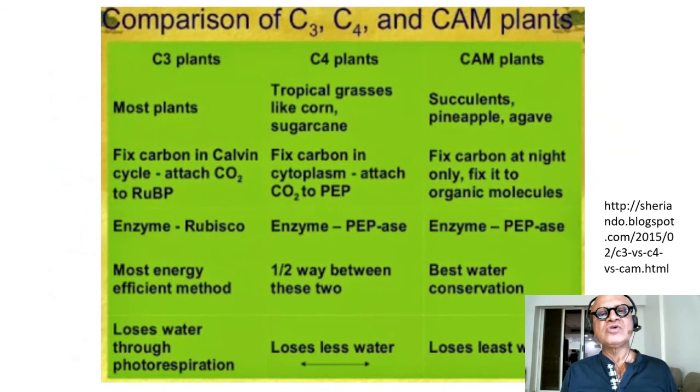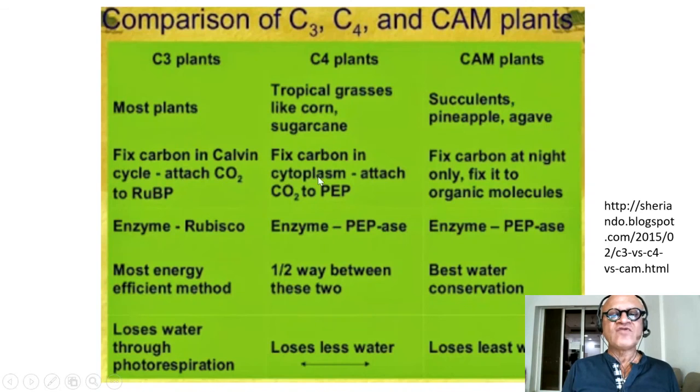The other thing we need to know is that there are different pathways of photosynthesis called C3 and C4, and CAM plants. They have certain differences, but C3 plants are essentially most plants. C4 plants are tropical grasses like corn and sugarcane, and CAM plants are succulents like pineapple and agave, which is kind of a cactus.